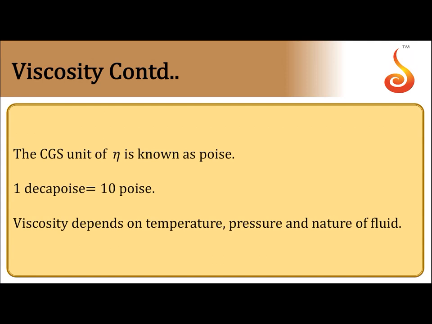The CGS unit of eta is poise. So 1 decapoise is equal to 10 poise. So 1 SI unit is 10 CGS units.